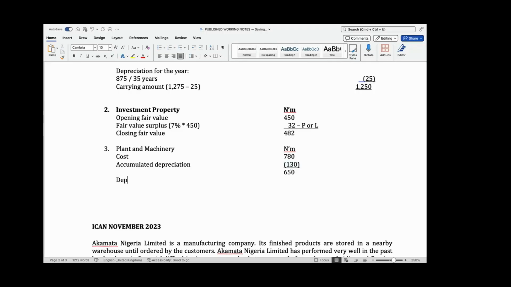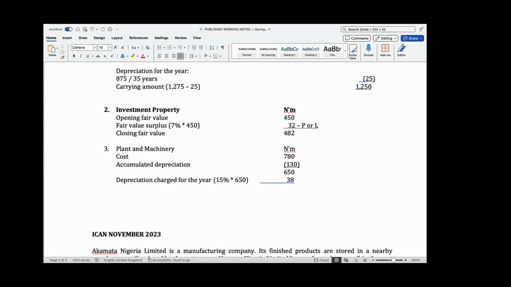Then your depreciation charge for the year: 15% times 650 is 97.5, approximately 98.